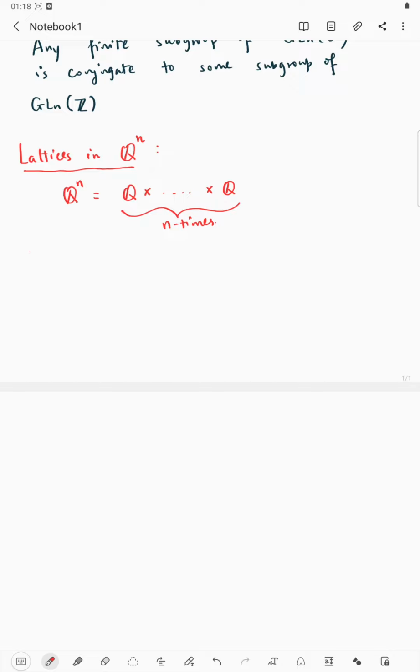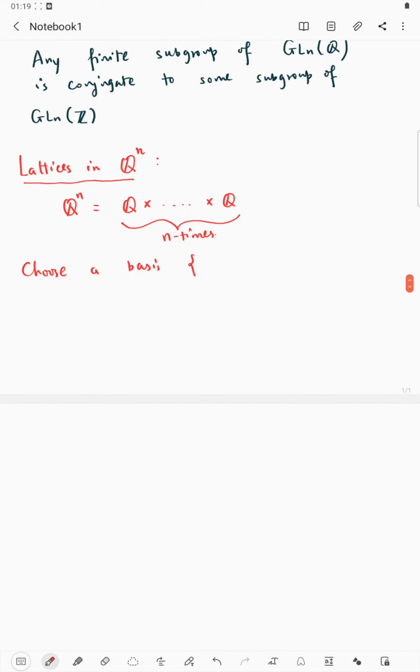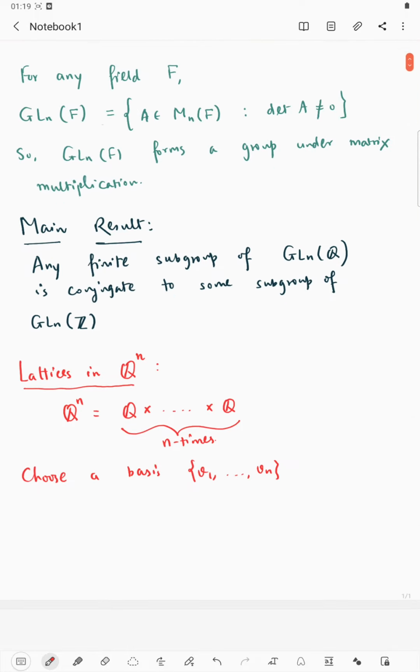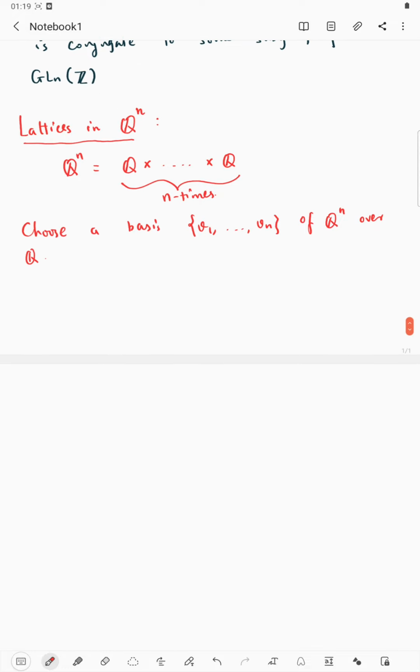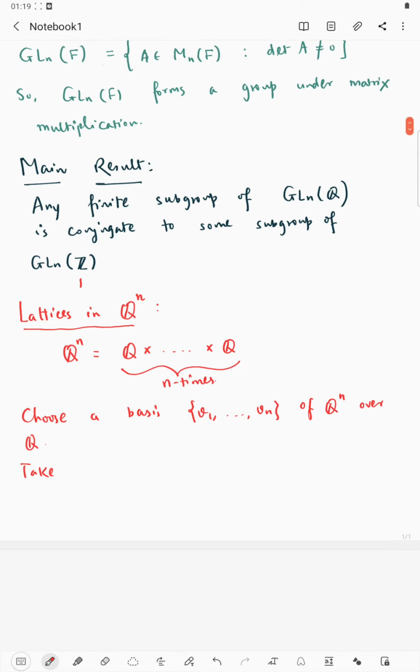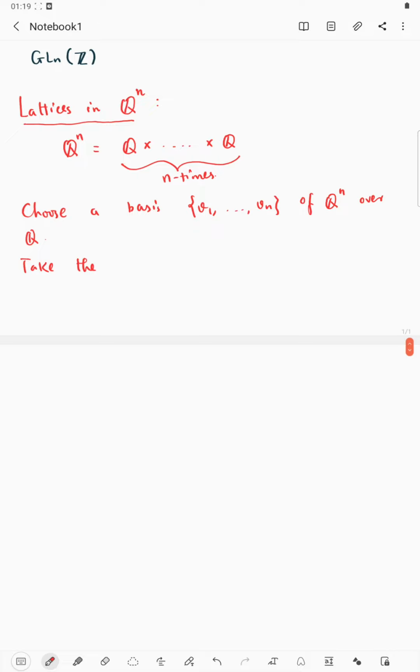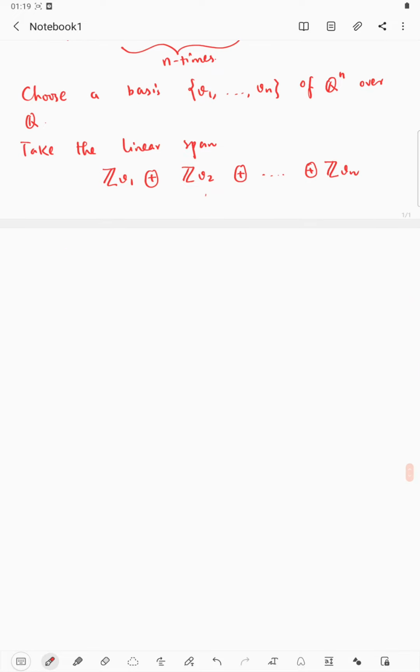Suppose you choose a basis v1, ..., vn of Qn over Q. Now take the linear span Z v1 direct sum Z v2 direct sum ... direct sum Z vn. Then this forms a lattice in Qn.